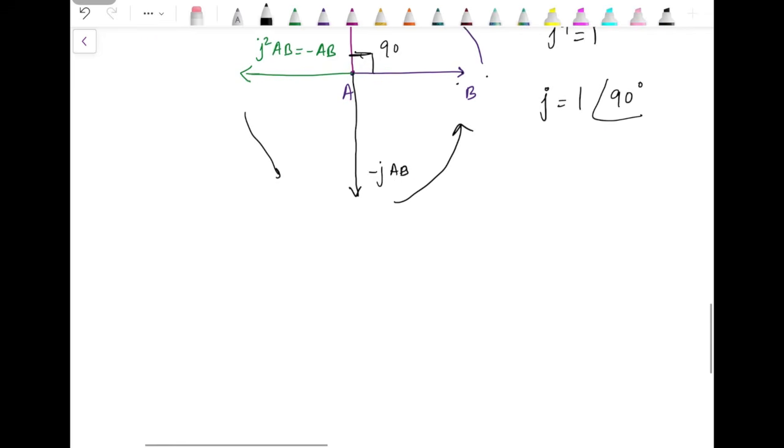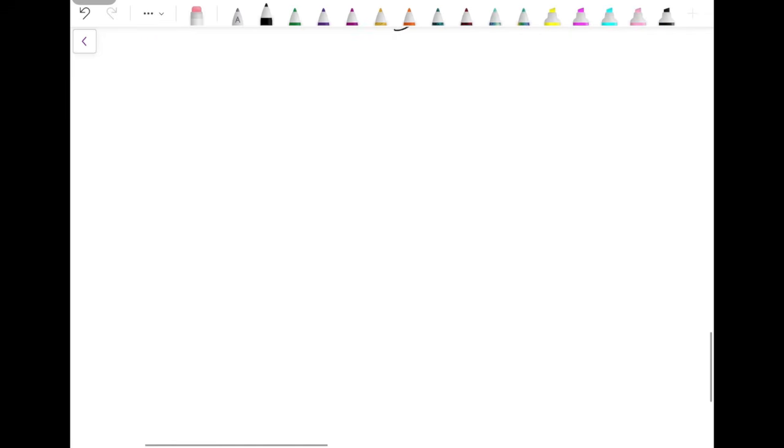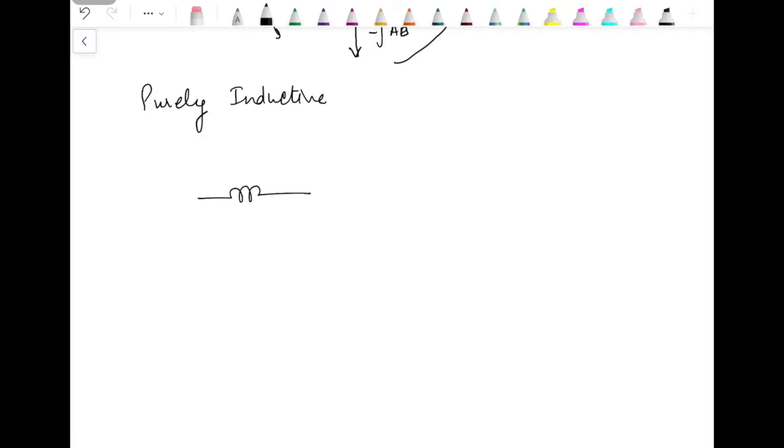Now this J operator is used in case of a purely inductive circuit. Let's say we have a purely inductive circuit, an inductor L across which the applied voltage is V, and the current through this is I. We find its magnitude: I is equal to V by XL.